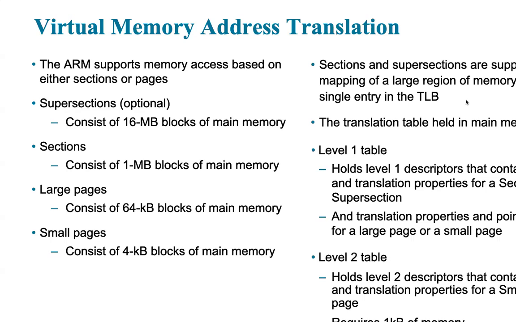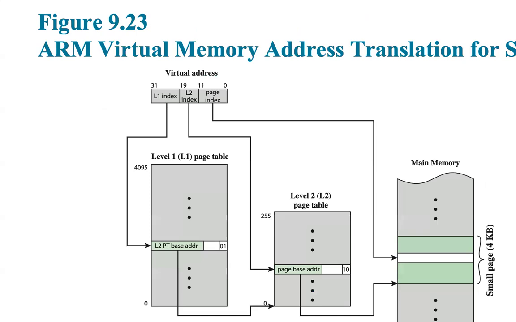Sections and supersections are supported to allow mapping of a large region of memory while using only a single entry in the TLB. So I think we've gotten enough insight to be thinking about this and how it is done a little bit differently than the x86 approach.